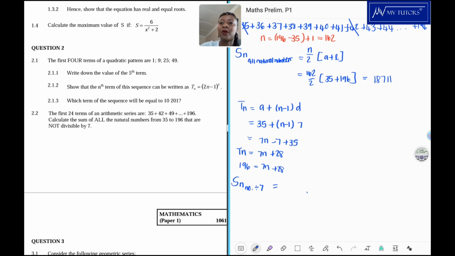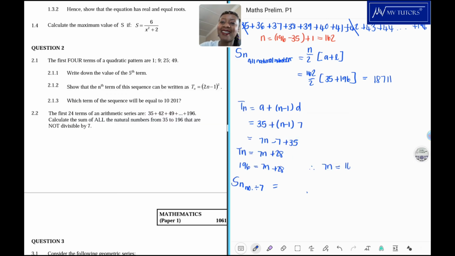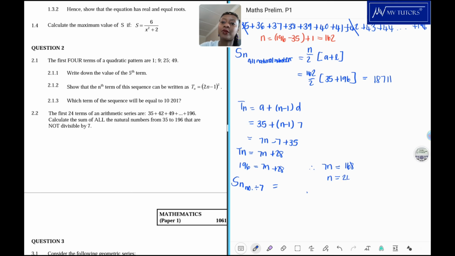So 7n is equal to 196 minus 28, so I get 168. We've done this before. And then the number of terms is 168 divided by 7, which is 24. So we have 24 terms.